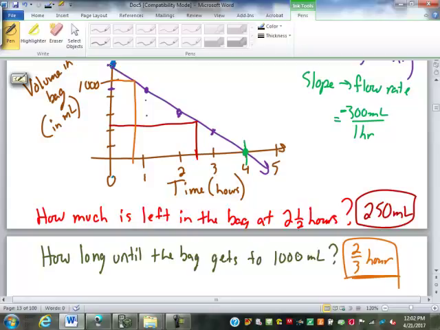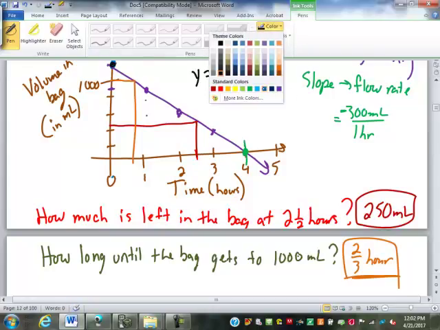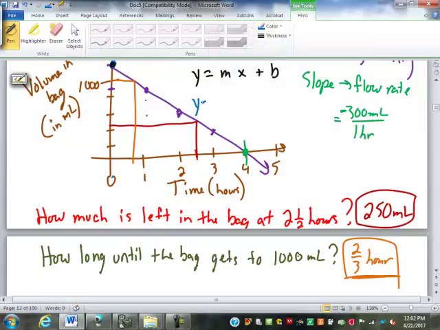Well, we can either look at the graph or we can look at our information. We know our equation: y equals the slope times x plus the y-intercept. We know the slope is the rate of change, negative 300 milliliters per hour, times x, plus the y-intercept, which is our initial volume, 1,200 milliliters.